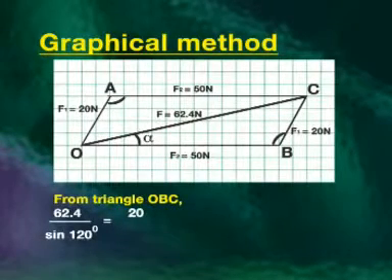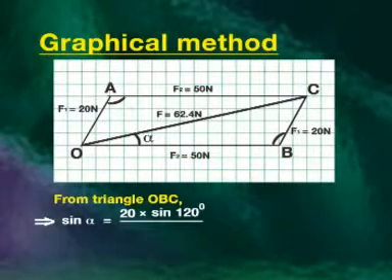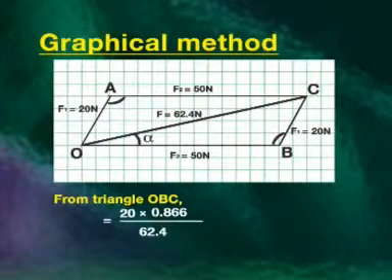Using the diagram, from triangle OBC, 62.4 divided by sine 120 degrees equals 20 divided by sine alpha. This implies sine alpha equals 20 times sine 120 divided by 62.4. This equals 20 times 0.866 divided by 62.4.